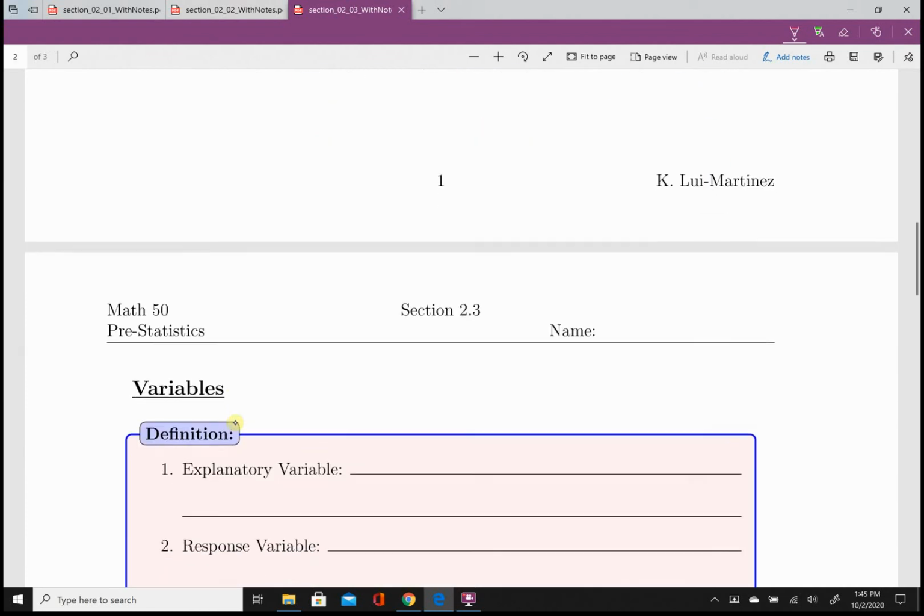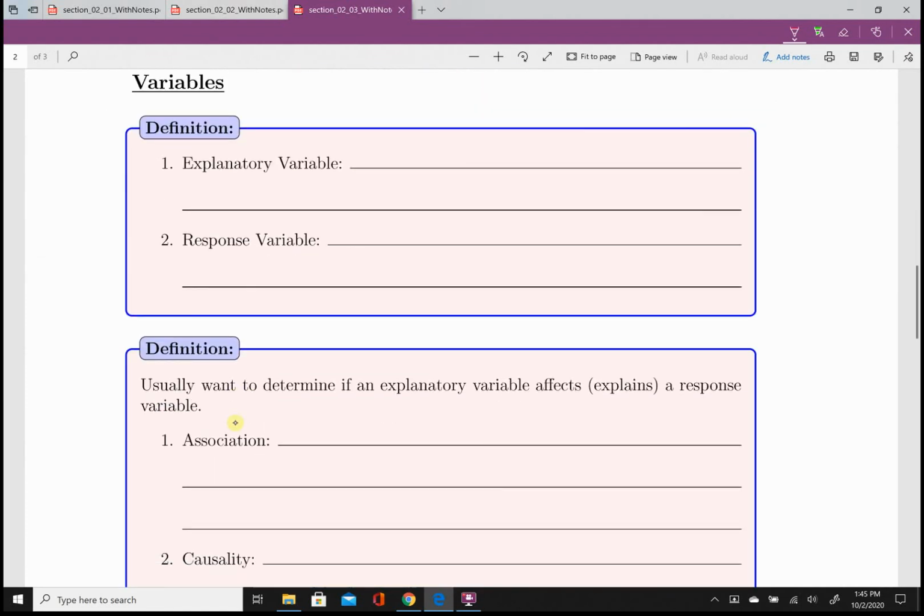Great. Just in the interest of time, I want to go ahead and move on to the next definition. We need to define explanatory and response variables. So explanatory and response variables are connected, and that's why they're in a single definition box there. It's like the call and response of the statistical world. And we have in our previous knowledge associated with ordered pairs, points in a plane, a tangible idea of what an explanatory and response variable could be in terms of x and y respectively.